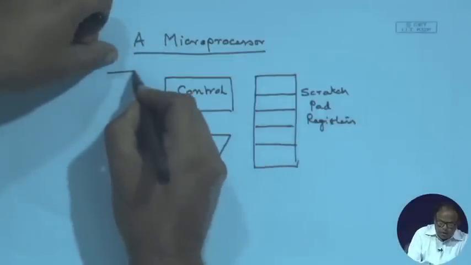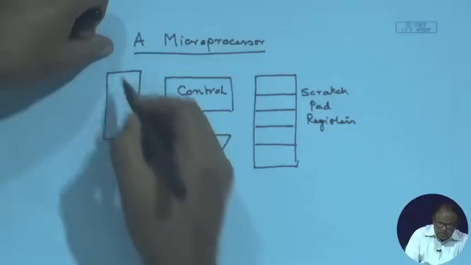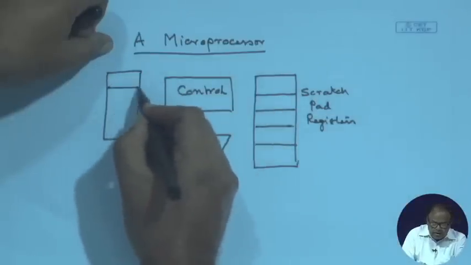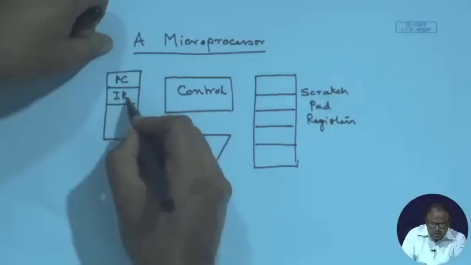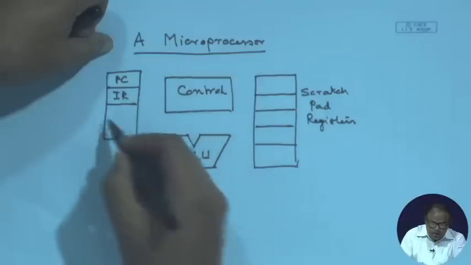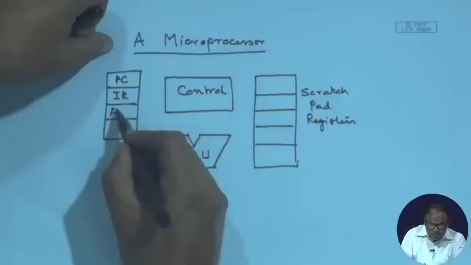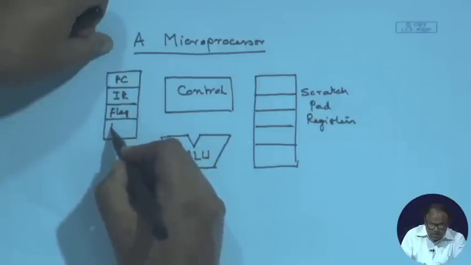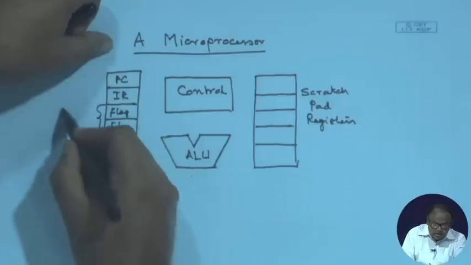And there are some control registers. Some control registers like the program counter, instruction register, all those things are there which are required for the control. All right. And there are some status flags. Okay, some status registers. These are the status registers.